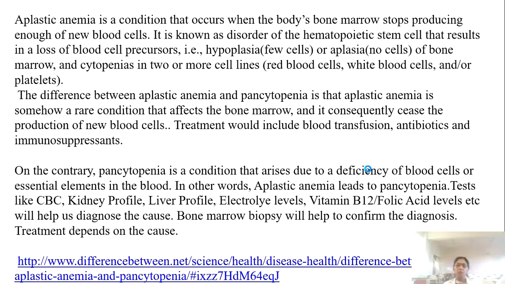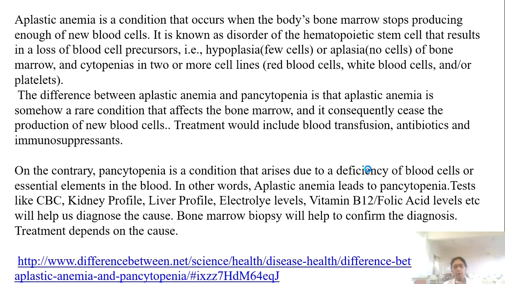Both are because of dysfunction of the bone marrow. The treatment in aplastic anemia includes blood transfusion, antibiotics and immunosuppressants, whereas in pancytopenia, the deficient blood cells can be transfused.